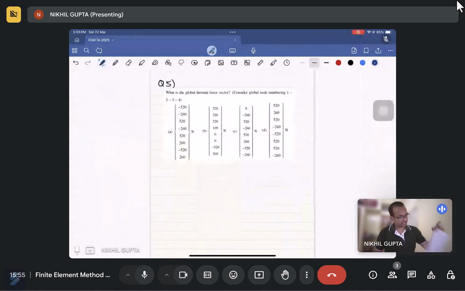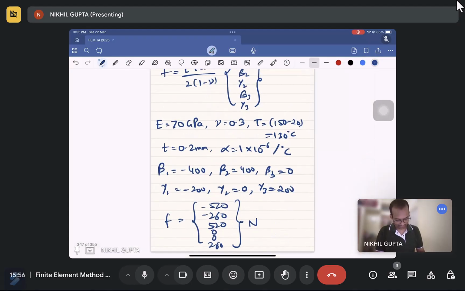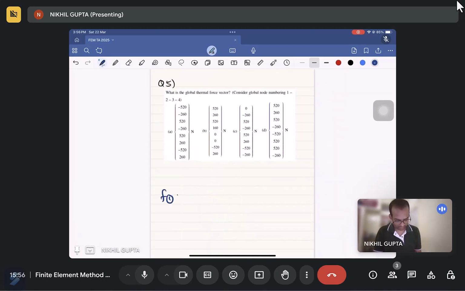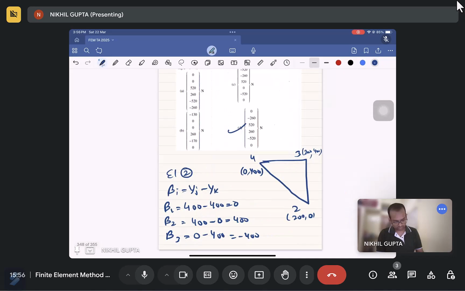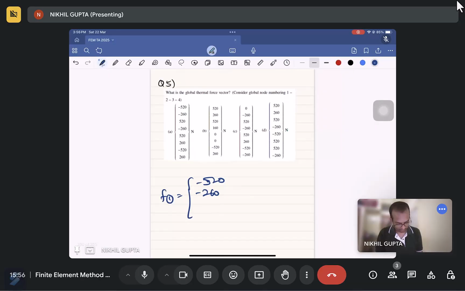Now what they are asking is the global thermal vector, which I have calculated for both the members. So first I'll write the answer, then we'll match it with what is given. F of element 1 is minus 520, minus 260, 520, 0, 0, 260. This is for element 1.